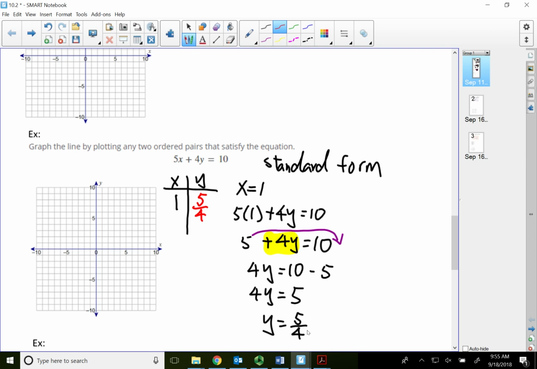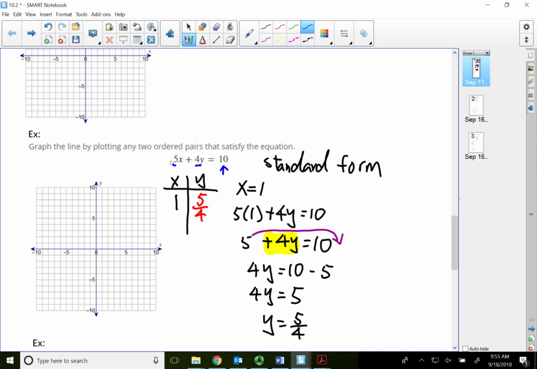So one way to avoid having this fraction answer for the missing coordinate is to learn how to pick a certain number for x or y. All right, so here it goes. The way you avoid it is like this. In the standard form, take a look at which number in front of x and y can go into the third number on the other side. So obviously 5 can go into 10.